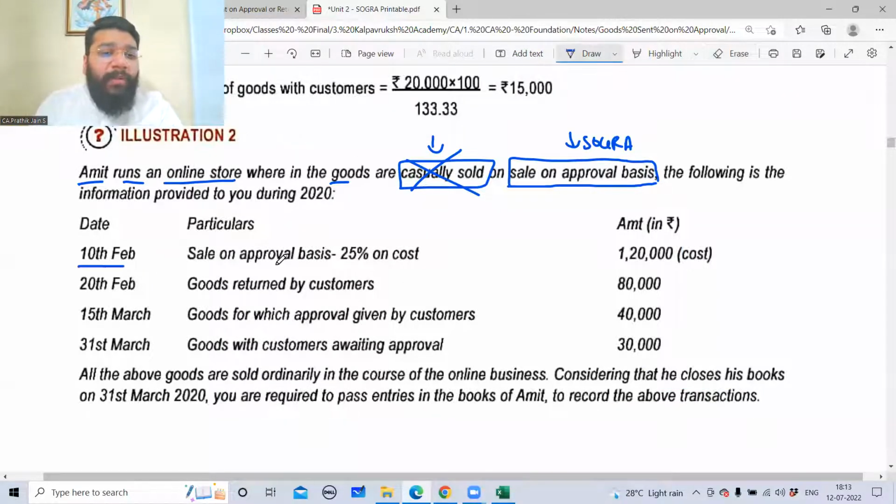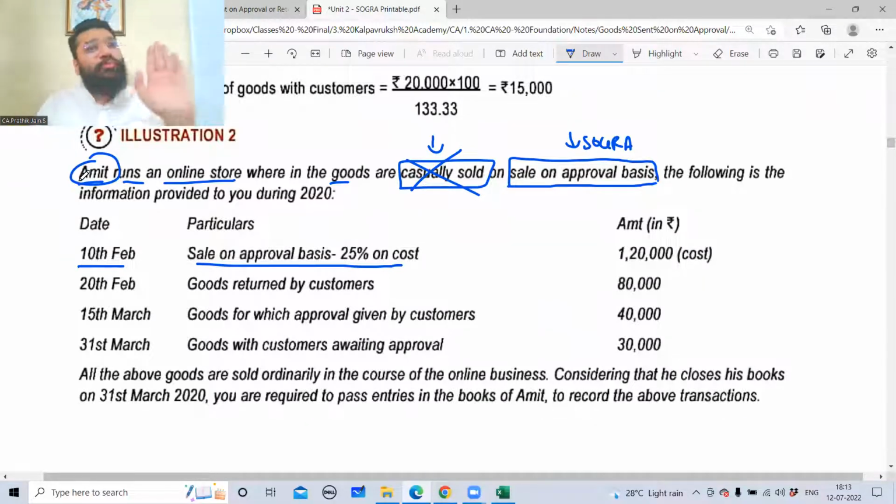Guys, on 10th of February, goods are sent. Amit is sending the goods. For him to send the goods, he has to purchase from somewhere. Yes or no? Amit is sending goods to some random person, a customer. So let's suppose Amit is the person who has listed his shop on the Flipkart platform. So Amit will buy from somewhere, no? Some from a wholesaler or some from a manufacturer.